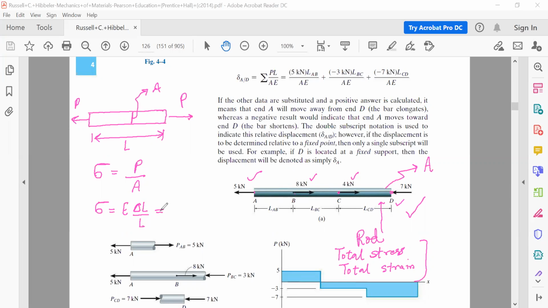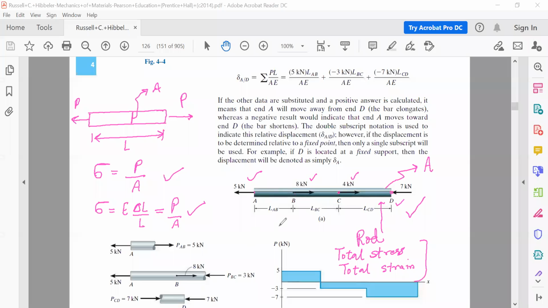We use these formulas when the machine element is subjected to forces only at its two ends.